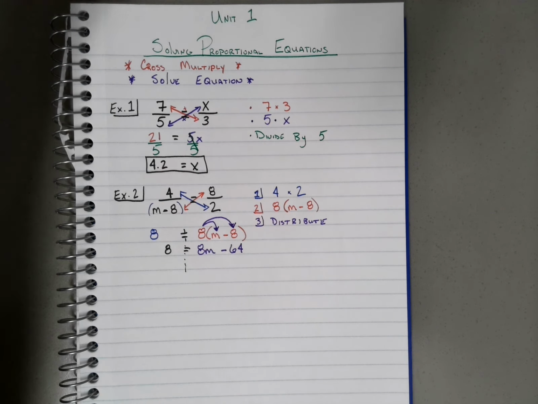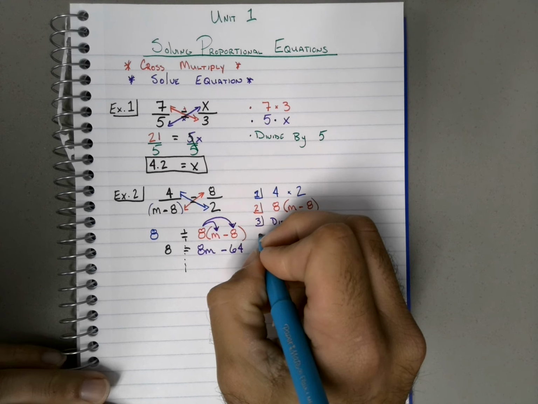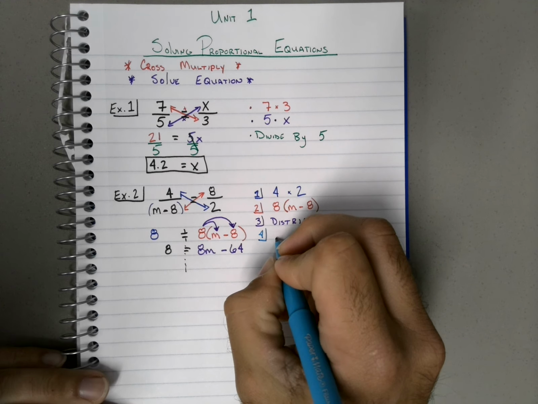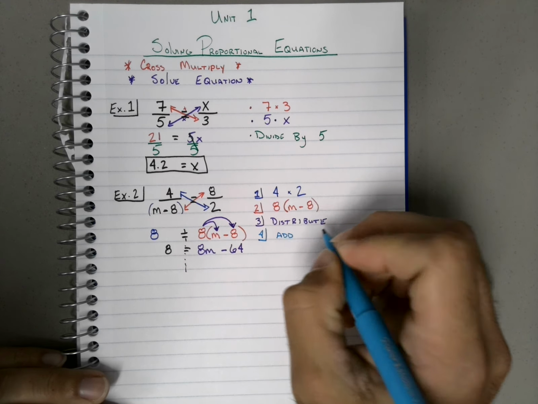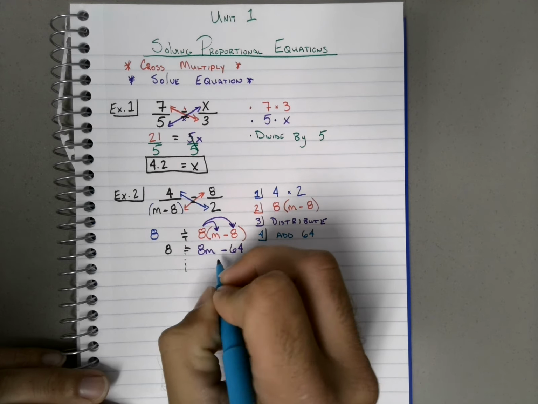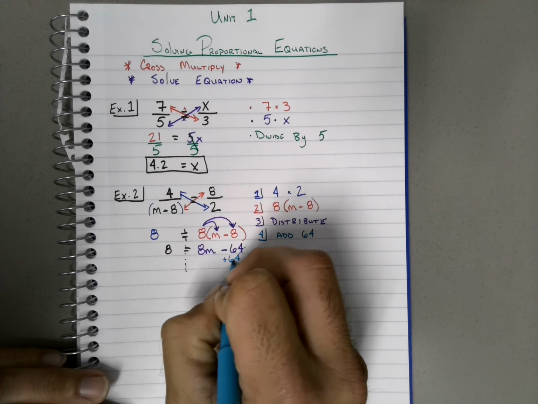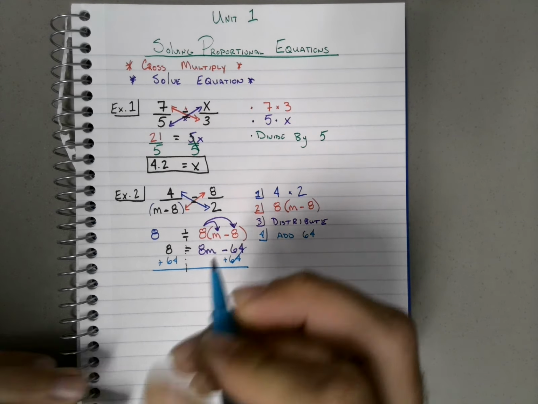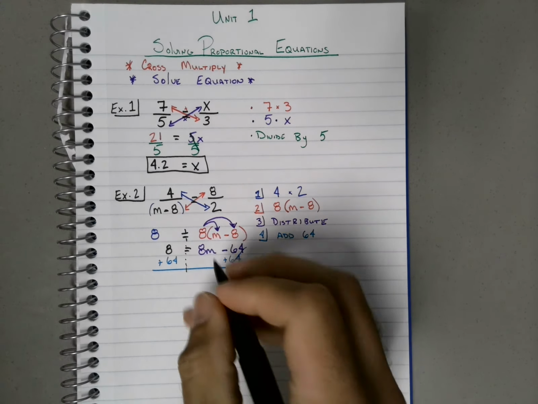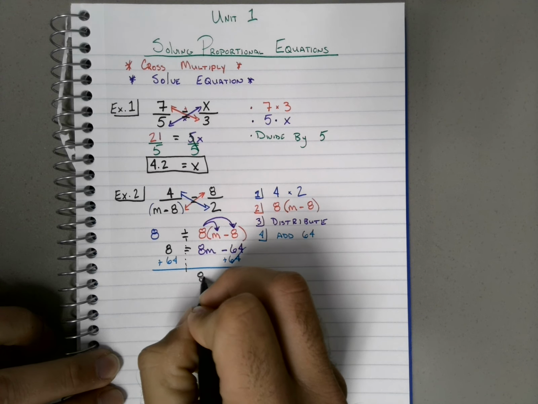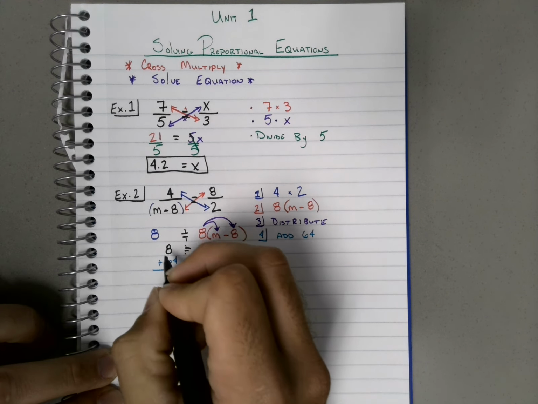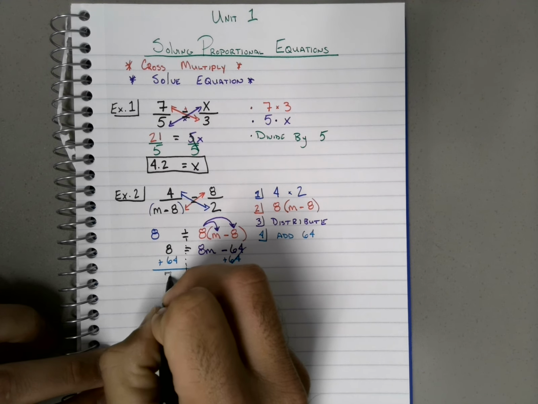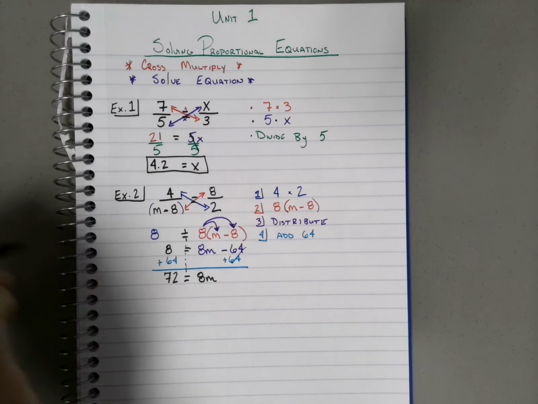So what we're going to do next is add 64. What we do to one side, we do to the other. What's left over here is 8m equals, what's 8 plus 64? 72.